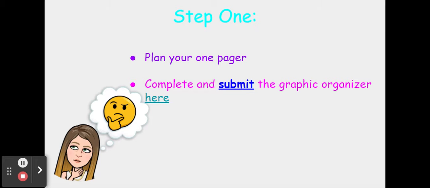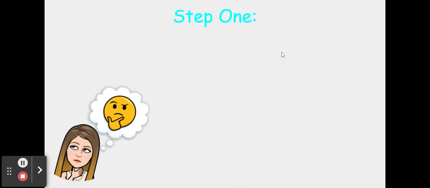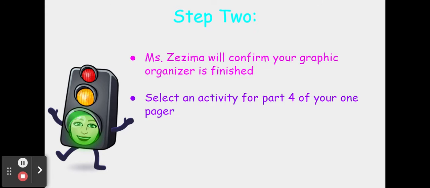Okay, you're going to complete this and you're going to submit it. That's step 1. Step 2 is I will then look at your graphic organizer and tell you, okay, you're finished, or okay, you need to fix this part before you can be finished with your graphic organizer.